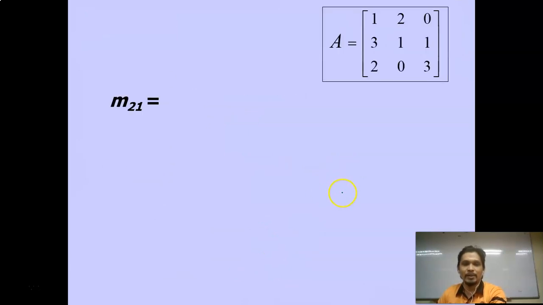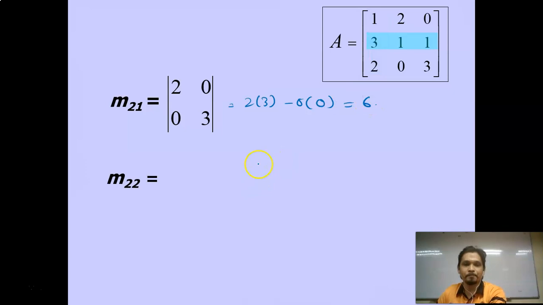So then M21: delete the second row and the first column. You get 2, 0, 0, 3. So then 2 times 3 minus 0 times 0, 6 minus 0 equal to 6. And delete the second row and the second column, clearly it is 1, 0, 2, 3.